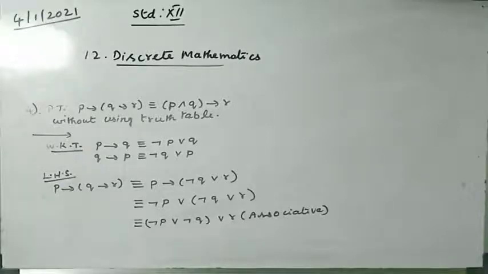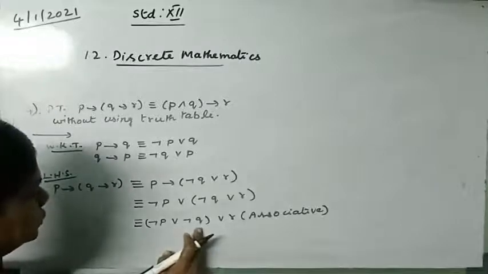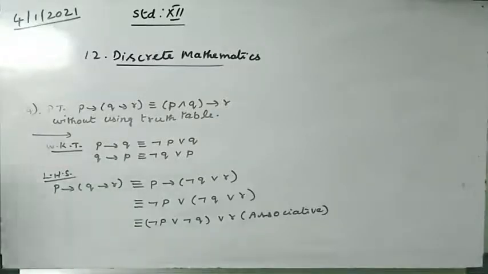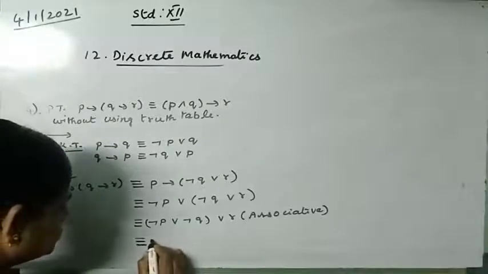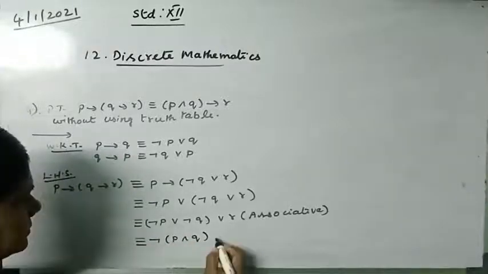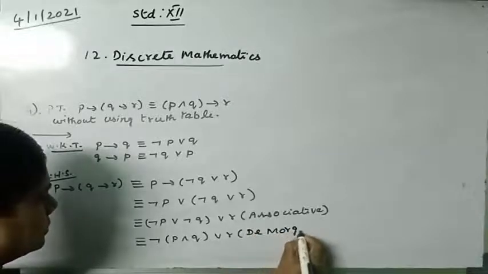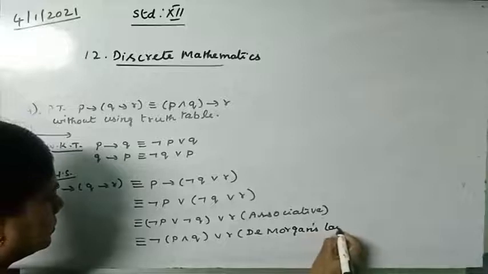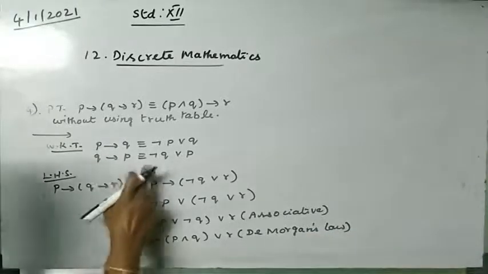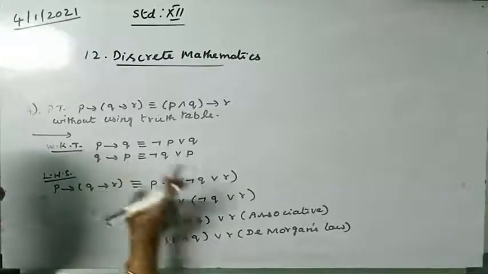Now by using De Morgan's law, A dash union B dash is equal to (A intersection B) the whole dash, isn't it? So we can write this as, which is equivalent to, negation of (P and Q) or R, by using De Morgan's law. Now what has come? A negation of a number union another number can be written as an implication.